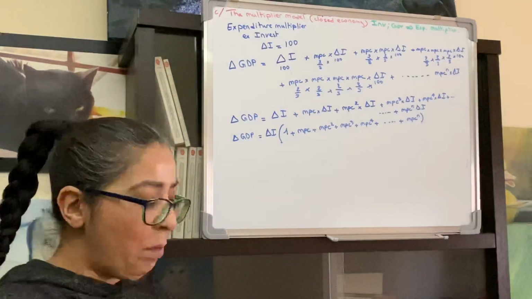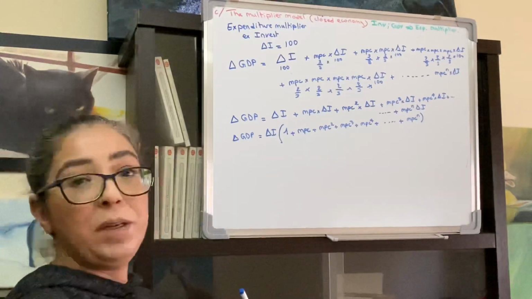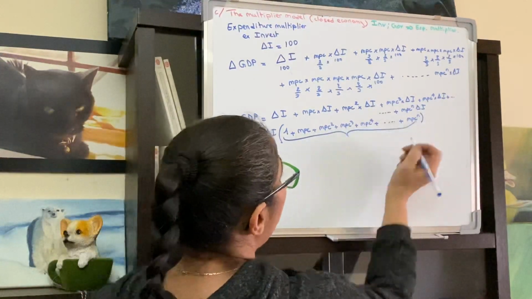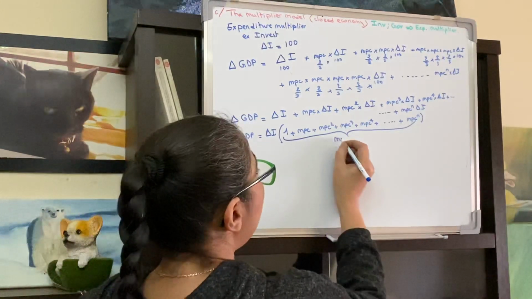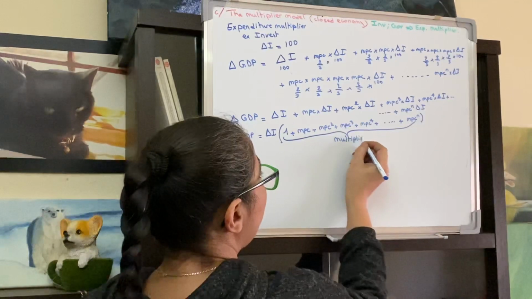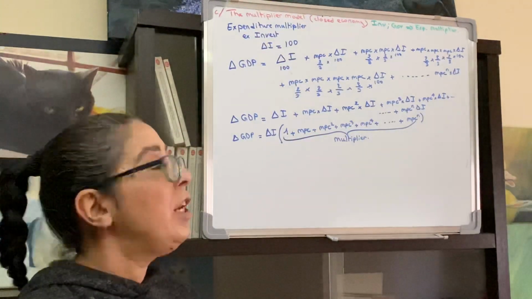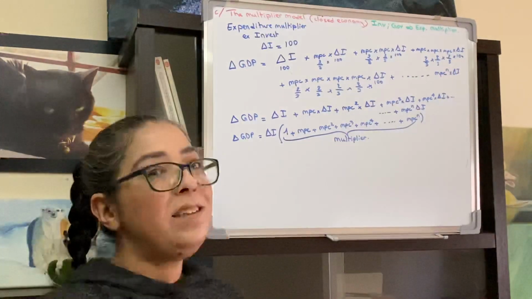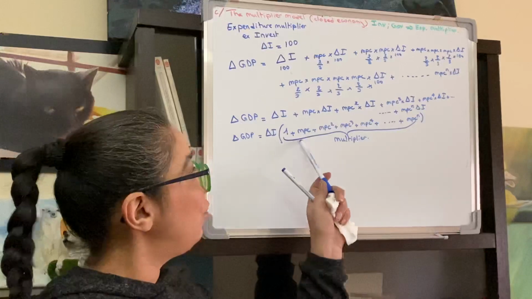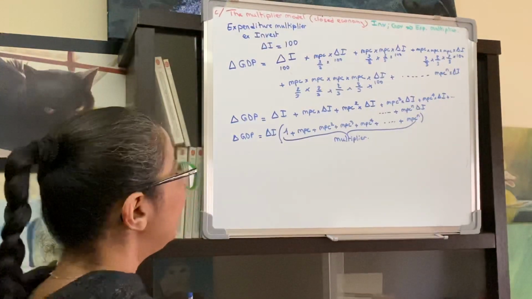Okay? So by how much did you multiply delta I to find delta GDP? By this number here. And this is what we call the multiplier. This is the expenditure multiplier. Now, of course, you're not going to calculate this number like this. Okay? Now I'm going to show you how to get it to a number you can understand.